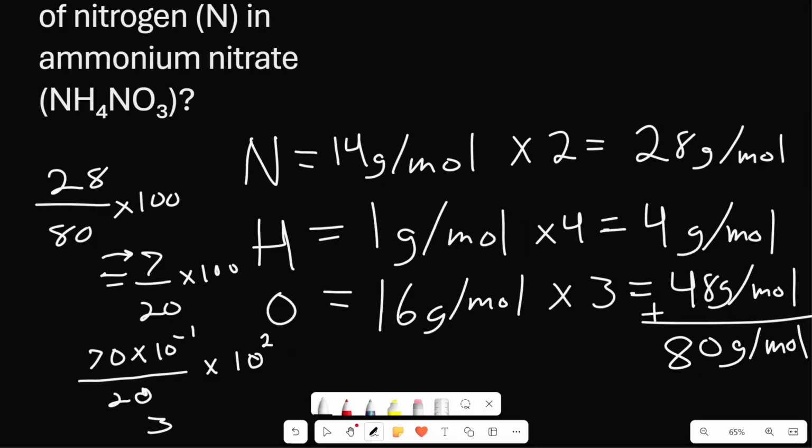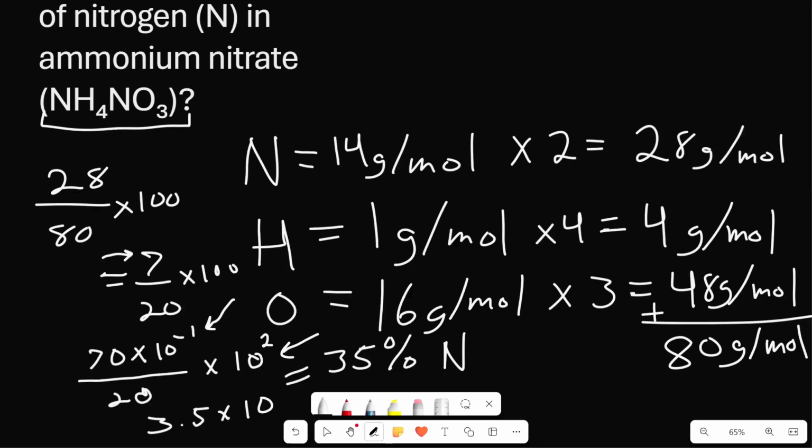So we can say 3.5, and then we can multiply our 10 to the negative 1 and our 10 squared, and that will give us 10, because ultimately what we're doing is adding negative 1 and 2 since we're multiplying these scientific notations together. So what's 3.5 times 10? That is equal to 35. So this is going to be 35% nitrogen within the ammonium nitrate compound.